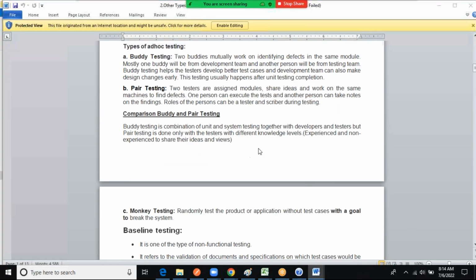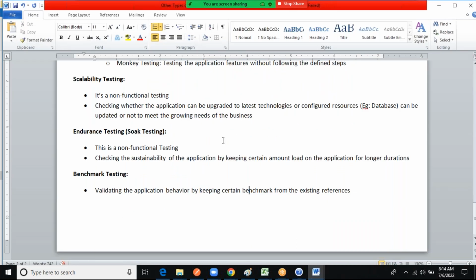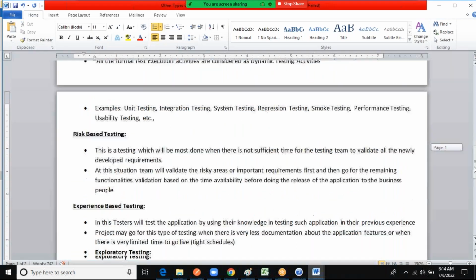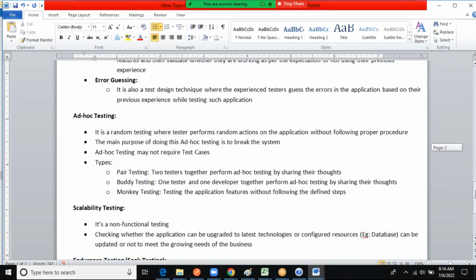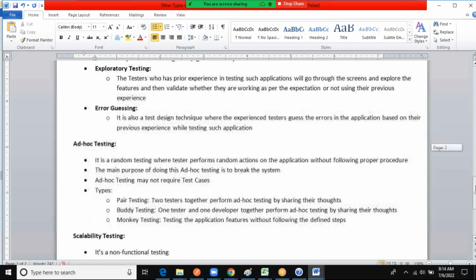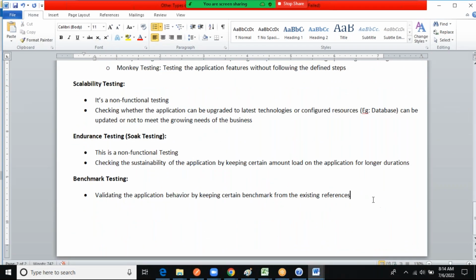So baseline testing, this is one thing which you are doing in the beginning. I will write it here. This is also non-functional testing only. Baseline testing. What is this baseline?